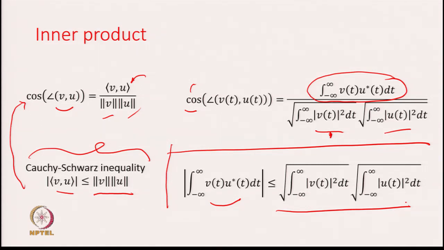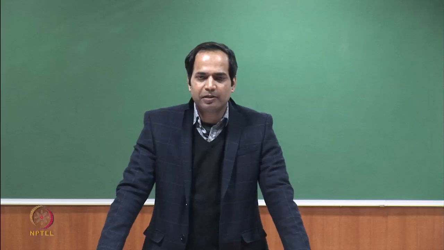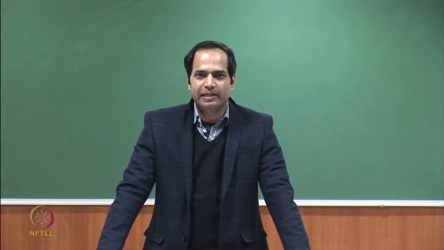Using this analogy between signals and vectors, we have easily derived this inequality, otherwise it would have given us a tough time. That is why we love this analogy; things become trivial and easy.